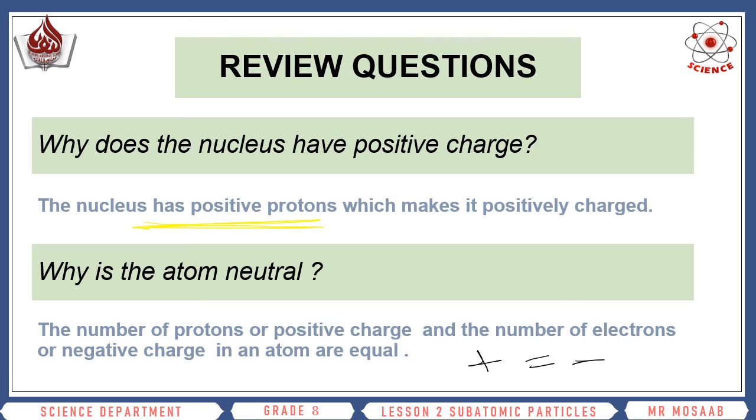That's it. Why is the atom neutral? Because the number of protons equals the number of electrons, or you can say the number of positively charged particles equals the number of negatively charged particles.